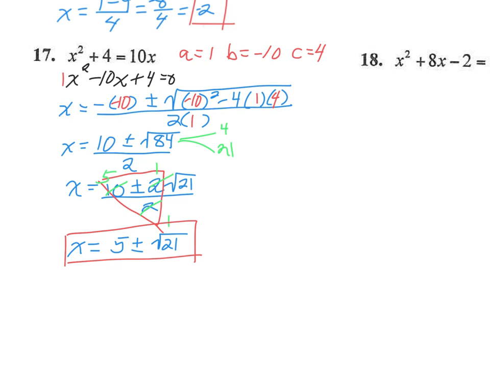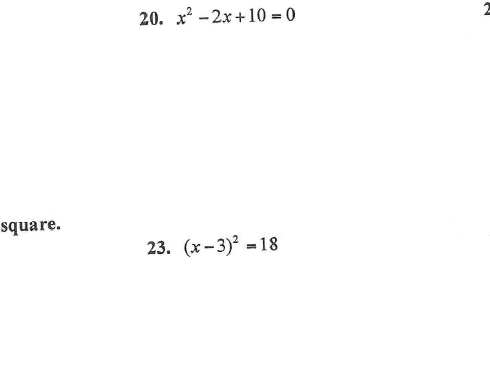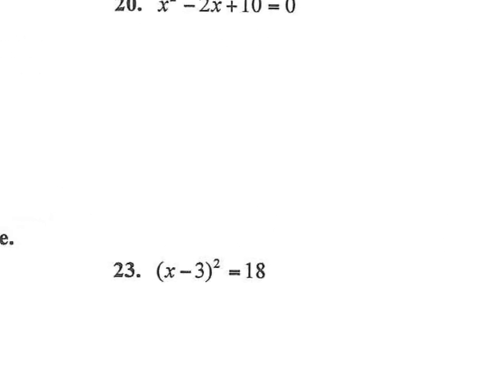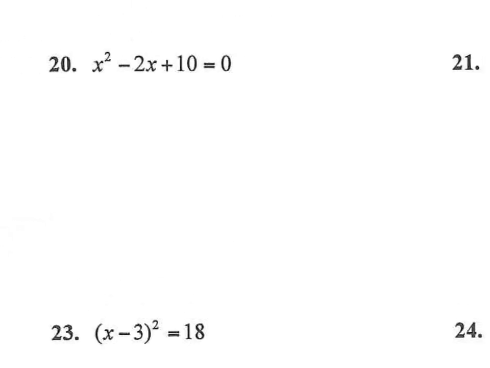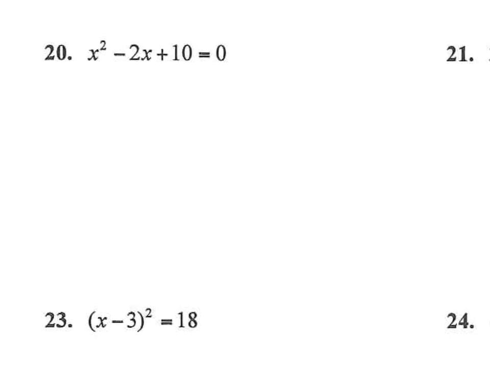All right, so we just have one more in this section to do, which is on the back page, number 20. All right, so let's look at number 20 on the back. I think it's a smidge crooked.